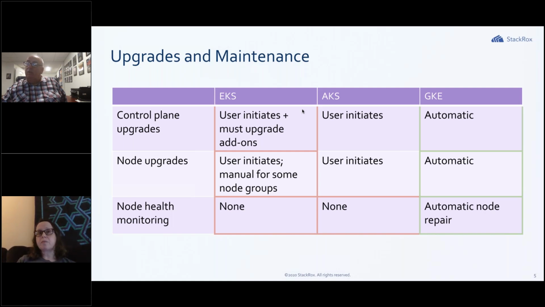I know that 2+ years ago, when they were just rolling this out, you crossed your fingers, but now it's very reliable. And they also do this for node upgrades. You can again opt in or opt out, but they will also upgrade your node versions for you automatically.